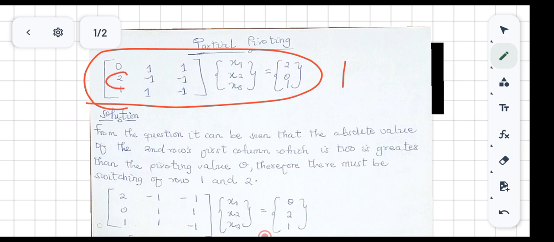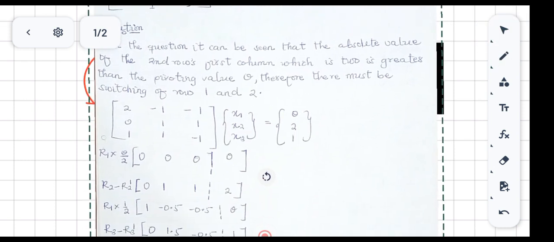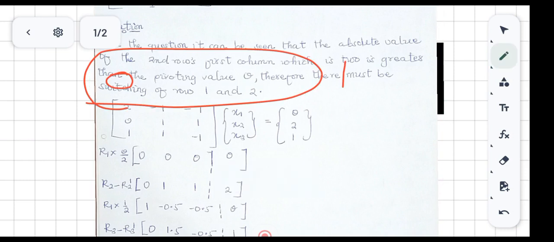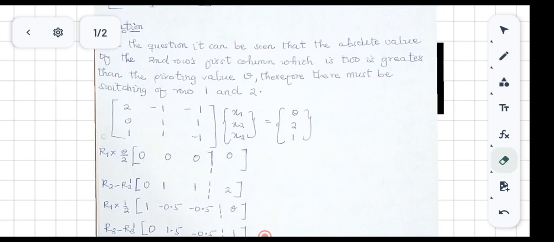Because the absolute value of 2 is greater than 0 and 1, I have to switch between row 2 and row 1, because I've told you that the pivot element should be the greater value, in order to prevent round-off errors. Upon doing that, we come up with this equation.